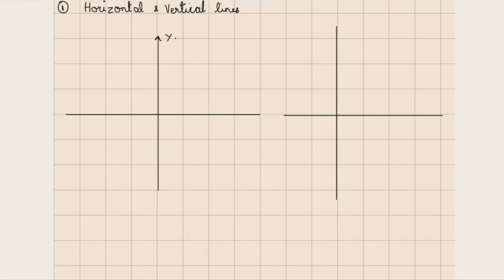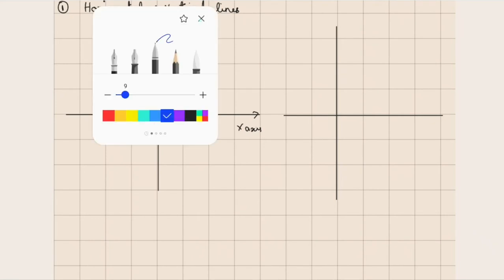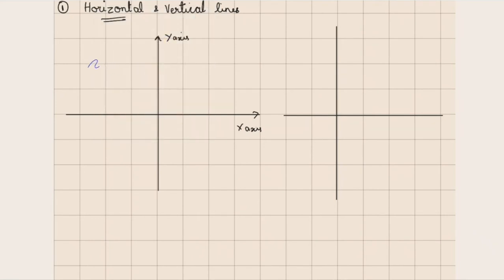So this is the y-axis. This is the x-axis. Let's say the first case, horizontal. Let's take any horizontal line. I'm sorry for the drawing.